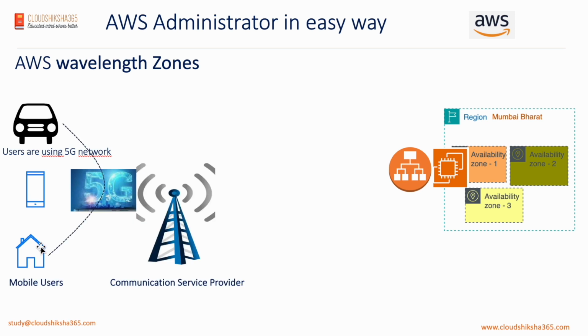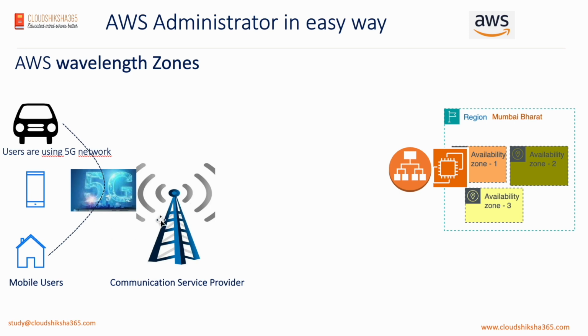In this case, all these mobile users are using a communication service provider. Before I complete the flow, I'll give a quick glimpse of communication service providers. These are a kind of internet service provider, but basically they give you wireless communication, because your mobile devices are using wireless. That's why the wavelength comes into the picture, because you are using electromagnetic waves.